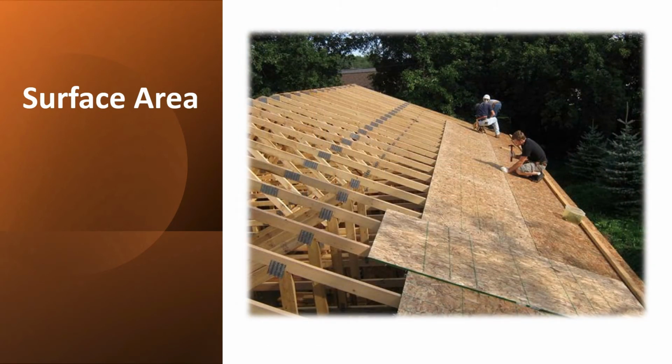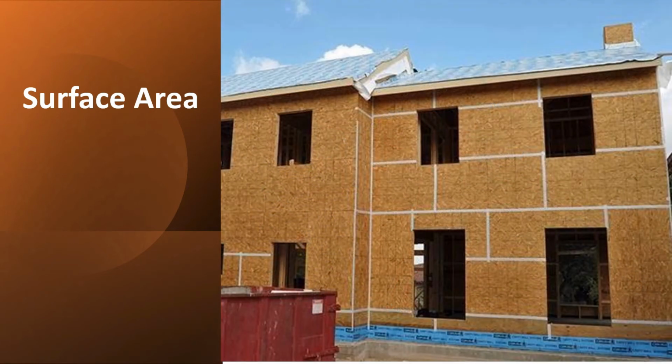You can measure the length of this roof. And you can figure out how many sheets you need for one row. But to calculate the number of sheets you need for the whole area, you need two measurements. The length times the width. Here we got surface area.